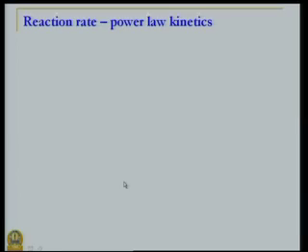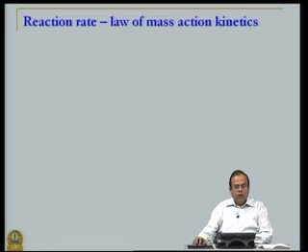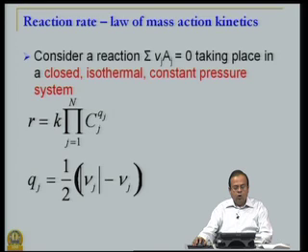Now, this is as far as simple power law kinetics is concerned. A specialized case of power law kinetics is what is called law of mass action kinetics. This mass action kinetics is again a case where these orders are related to the stoichiometry of the reaction.